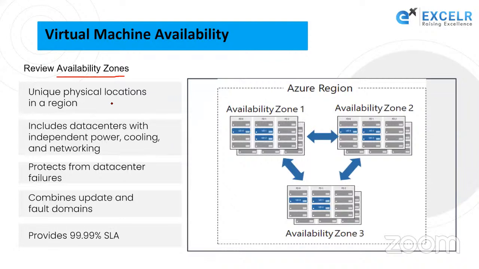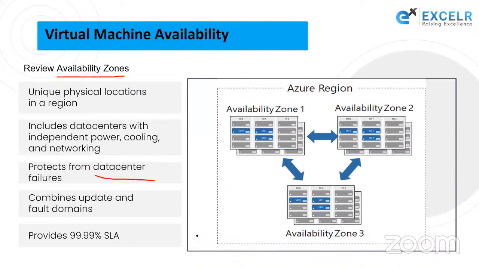In that case, your virtual machines situated in that particular availability zone will be recovered from that failure. All the availability zones have a unique data center and independent power, cooling, and networking. So this is going to protect you from any kind of data center failure.